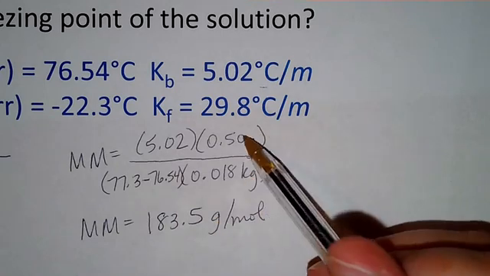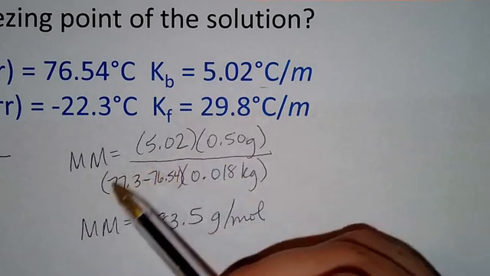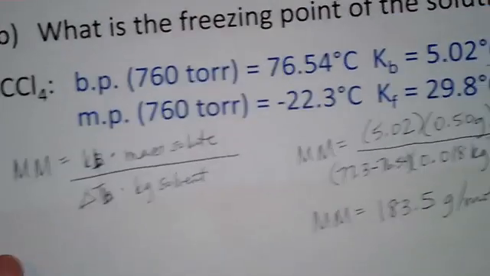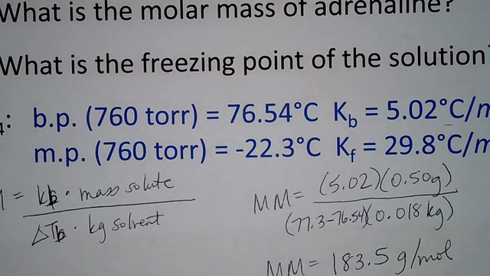Alright, question B asks for the freezing point. Now there are two ways we can do this. We can use the molar mass information that we had before and incorporate that into finding our freezing point information, or we can go back and find the moles for molality.